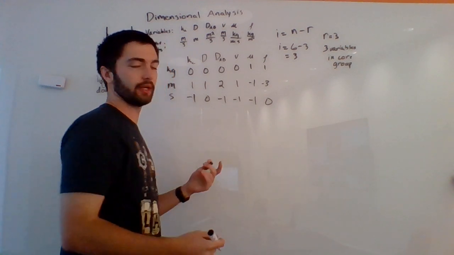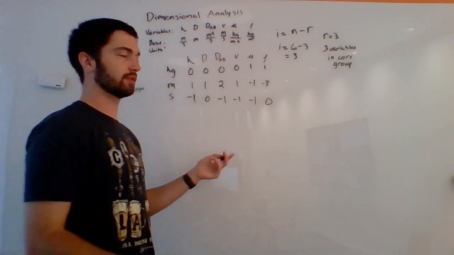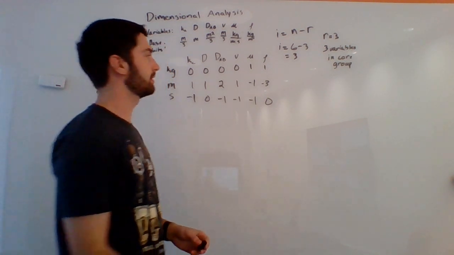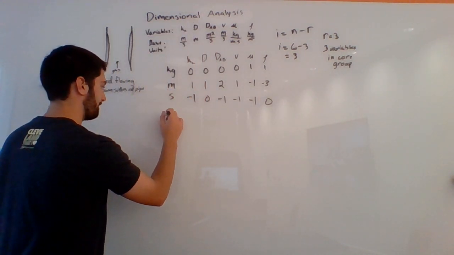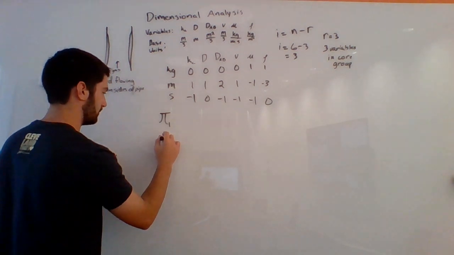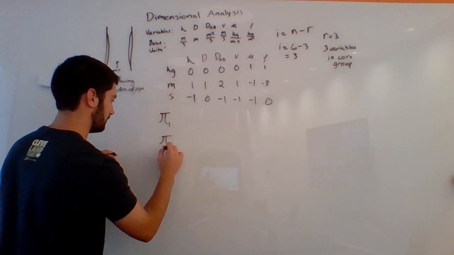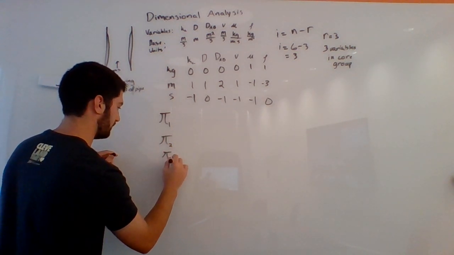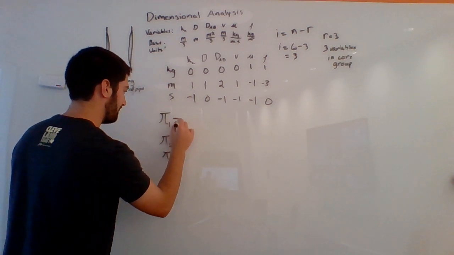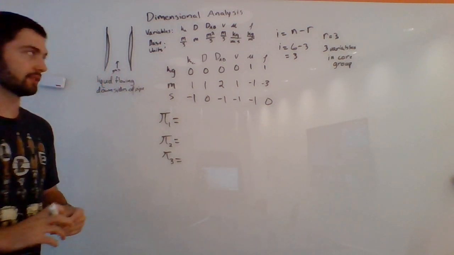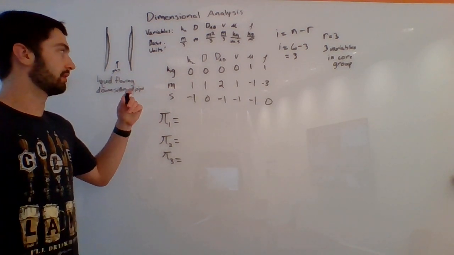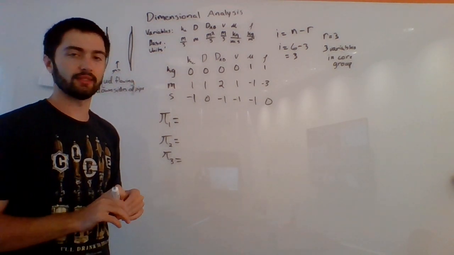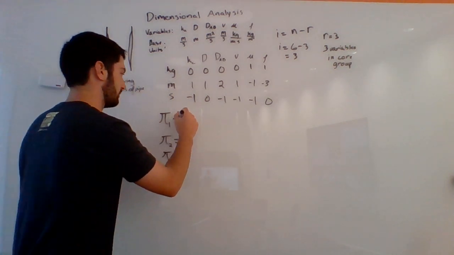So that means, and our dimensionless numbers, I'm going to call pi1, pi2, and pi3. So I'll write this down here. And like I said, the 3 variables I decided to isolate were the mass transfer coefficient, the velocity, and the viscosity.